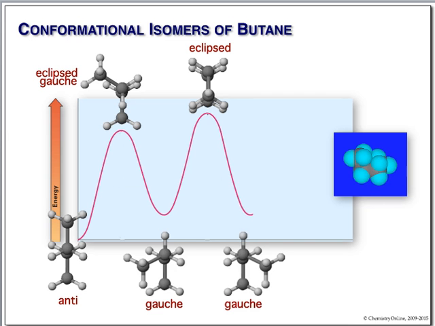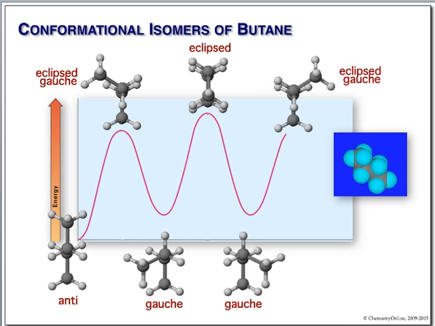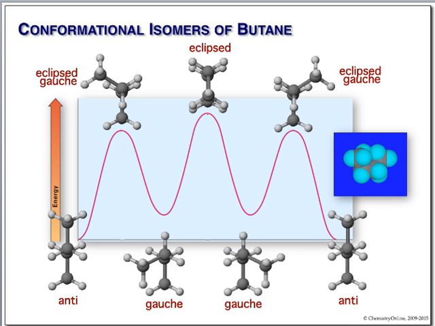Down here to gauche. Here's our eclipsed gauche, same as this one, and then finally back down to the anti. The energy levels here are much more significant. We're talking 16 to 19 kilojoules per mole as a barrier for this rotation.